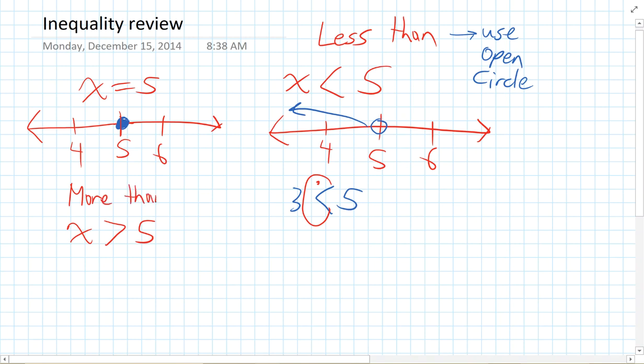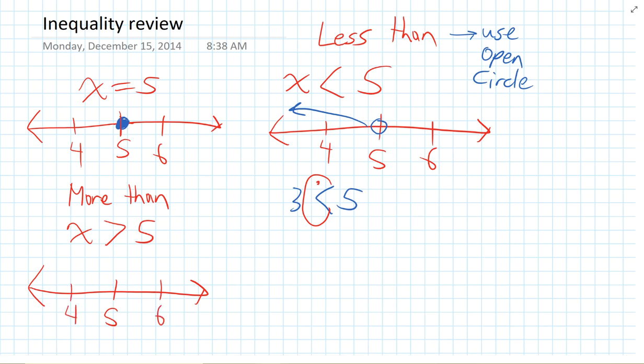It's more. And if you have more than, well, to indicate that 5 is interesting, but it's not exactly the answer, what do we use? Again, we use an open dot. Okay, so we use an open dot or an open circle, your choice on what you want to call it.